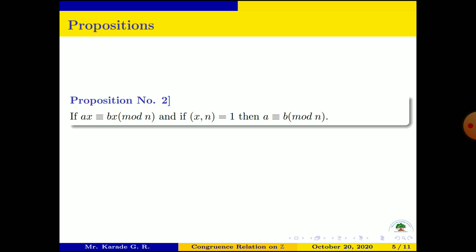Means, what we have given here: if a into x is congruent to b into x mod n, and if GCD of x and n is equal to 1, then a is congruent to b mod n. Means we can cancel the x from the given congruence relation, if and only if the GCD of x and n is 1.